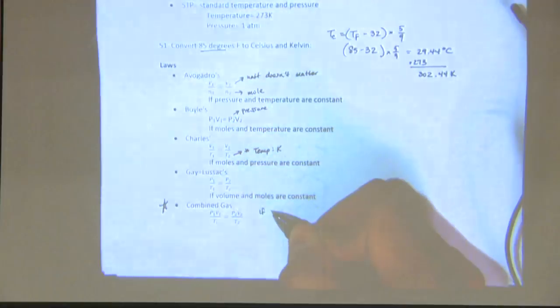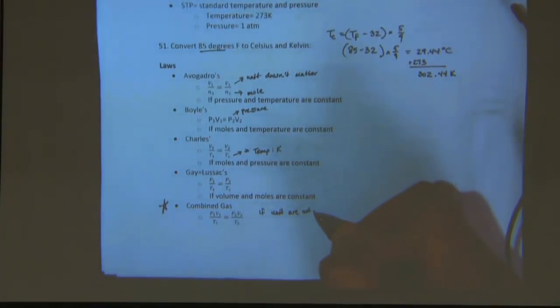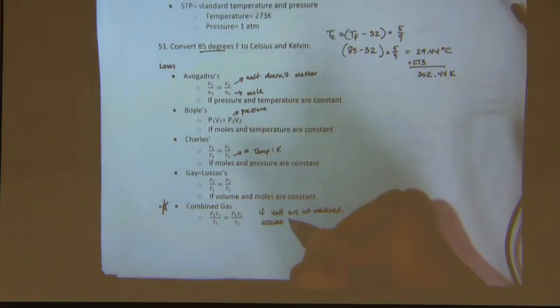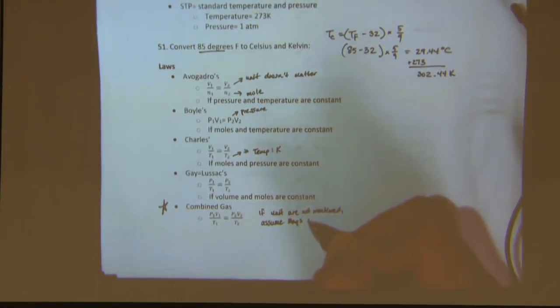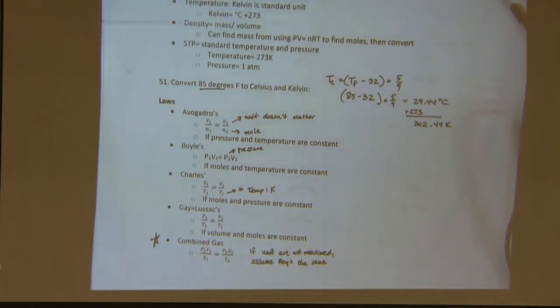One thing to note is that if the units are not mentioned, we just assume that they stay the same. Okay? Then we can flip over to the next side.